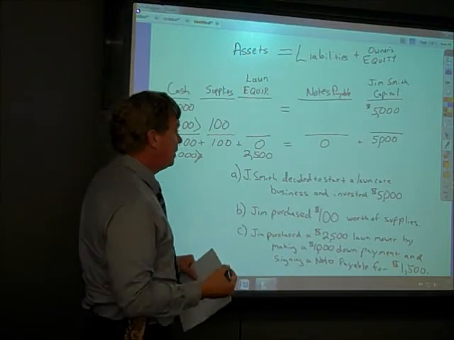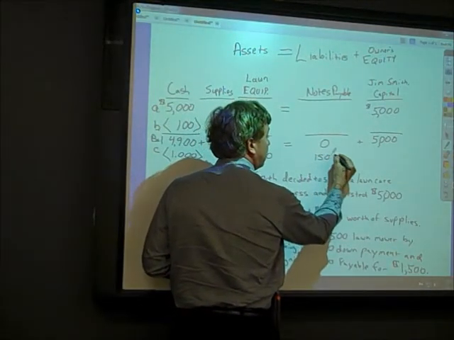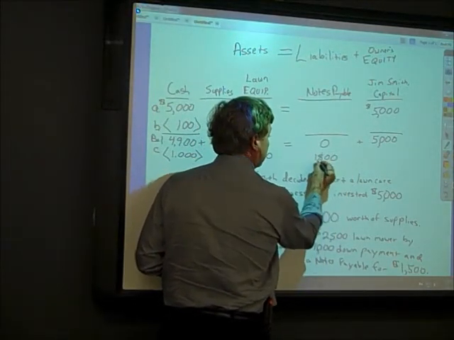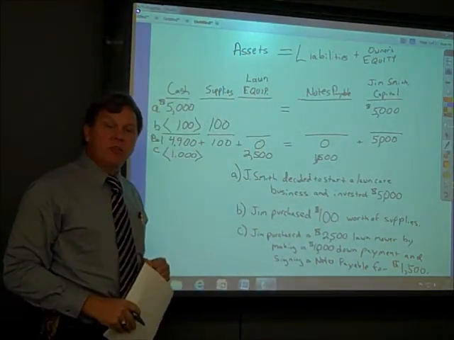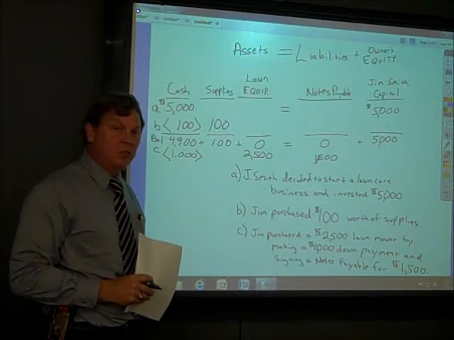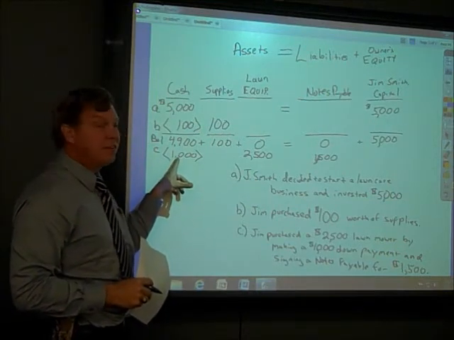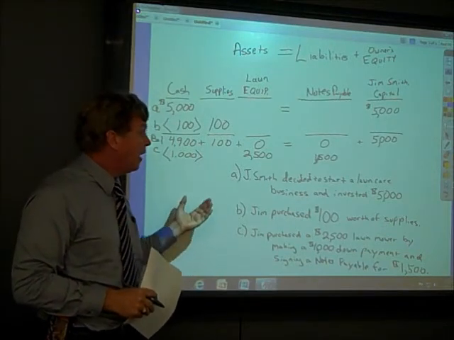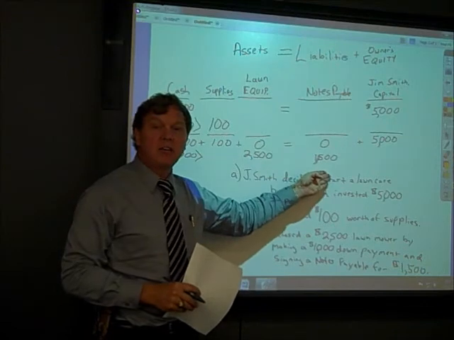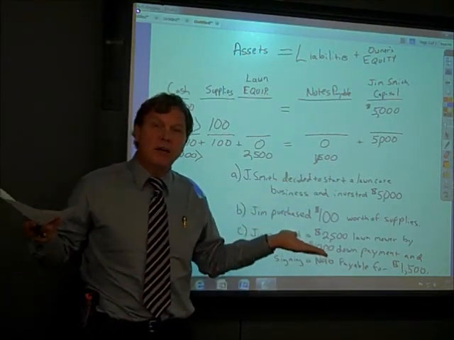He has a debt of $1,500. So in this transaction, we actually affected 3 accounts. But the impact of this, $2,500 minus $1,000, means the net increase in assets was $1,500. The net increase on our liabilities and owner's equity was $1,500. So that equation balances out.